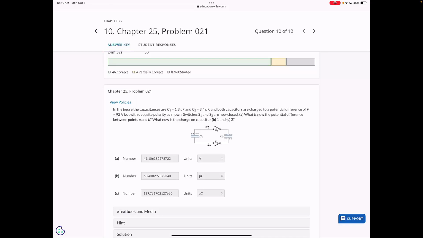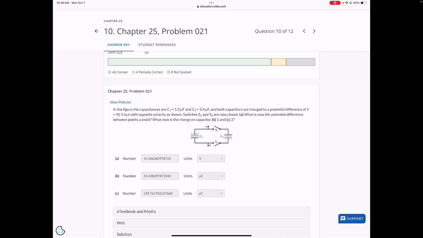That's a parallel connection. When capacitors are connected in parallel to something like a battery, the battery dumps the same sign charge on one side and the same size charge on the other.